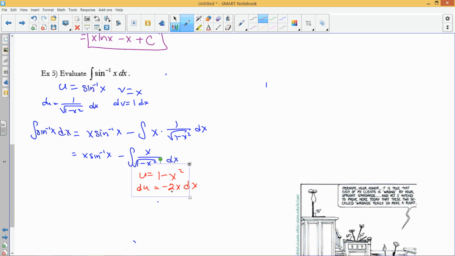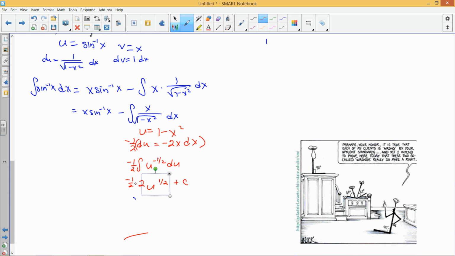I don't need the negative 2x, I just need the x, so I'm going to multiply by negative 1/2. So this becomes the integral of u to the negative 1/2 du times negative 1/2, which is: add 1 to the power, divide by the new power, put that negative 1/2 back.